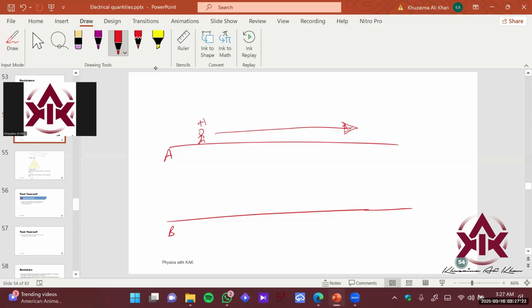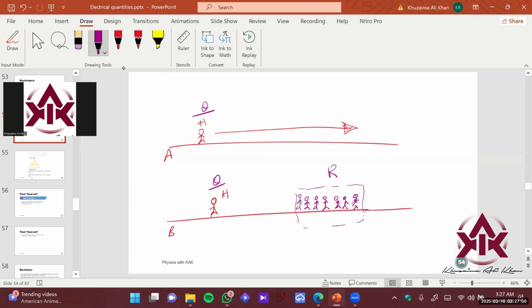Now imagine Hamza is walking on another day, but now there's a huge group of people here. I can make this a resistor, R. So Hamza can be a charge in a circuit.